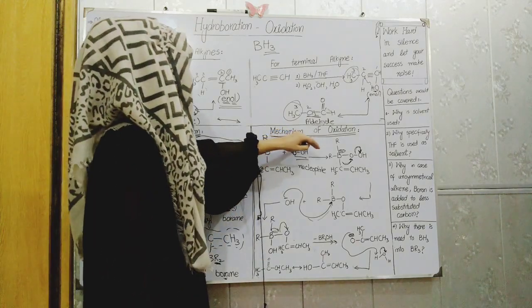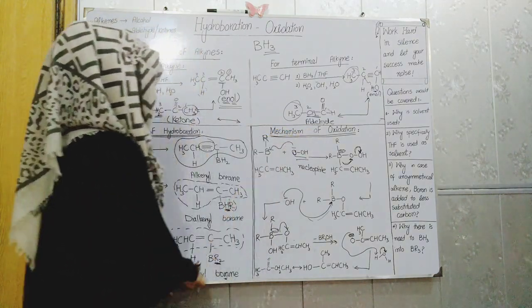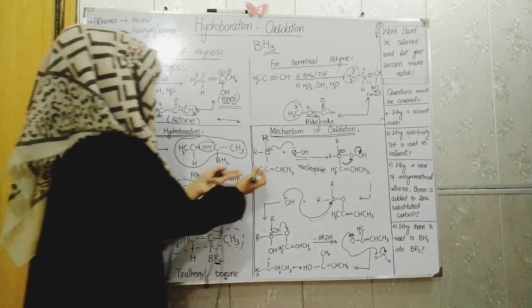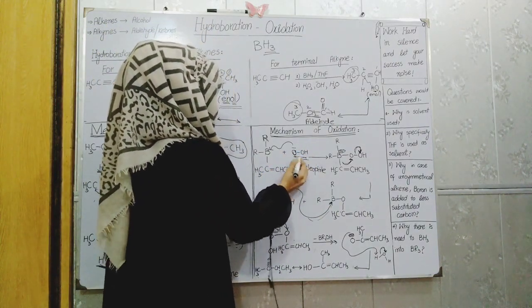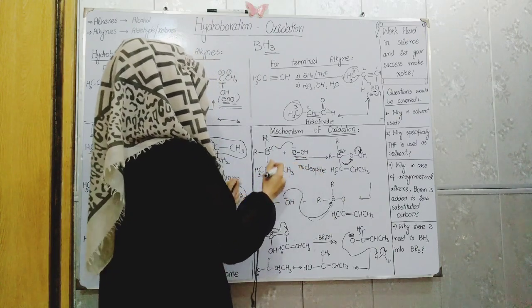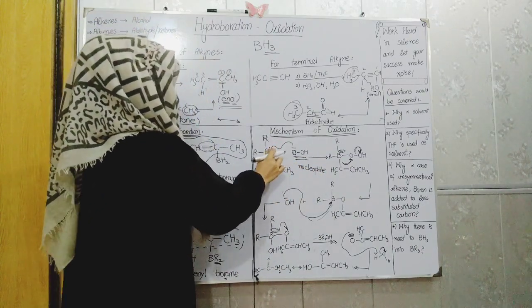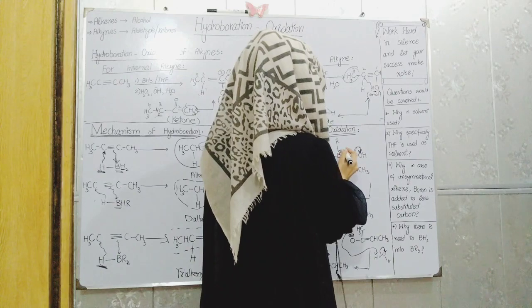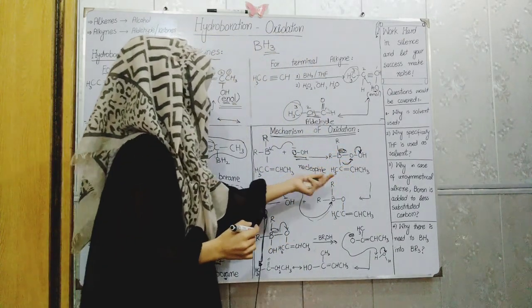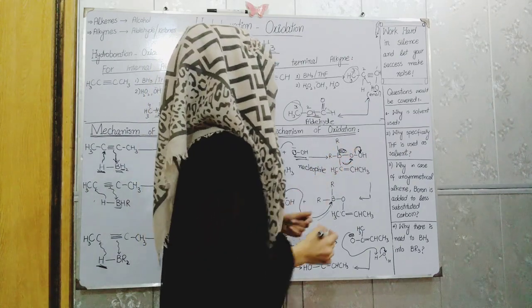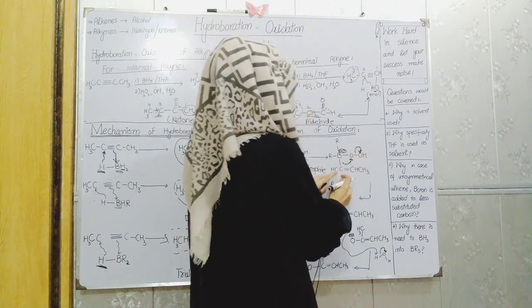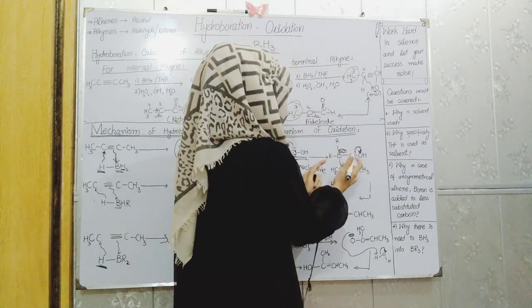Now if we see the mechanism of oxidation, then this trialkenyl borane again reacts with this species which acts as a nucleophile. It will attack on the borane. Boron again gets a negative charge because its valence is 3, but here it forms 4 bonds. So then again this alkenyl group shifts.